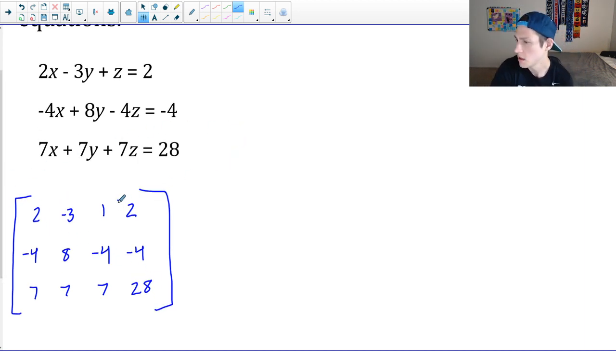All right, I'll draw my line here. So now this is called an augmented matrix. That line just basically represents the equals sign that separates the two sides of the equation.